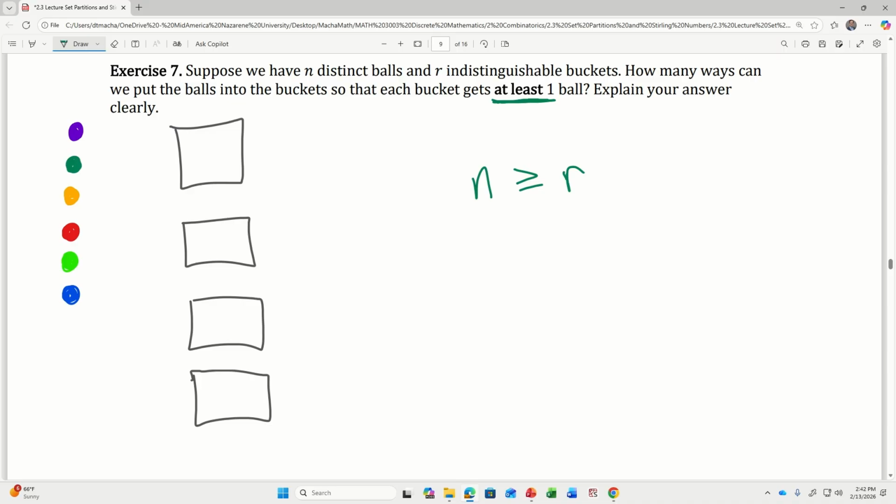So it would be n choose r then? No, but we're putting blocks all around the list. So I think this would be the starting number. Because we're putting a list of numbers, I was thinking blocks. You pick at least.